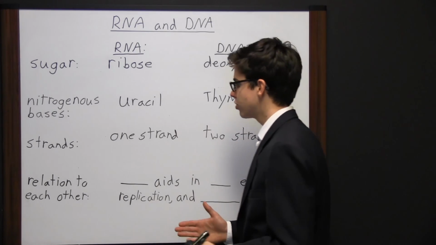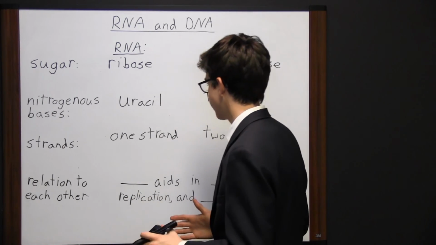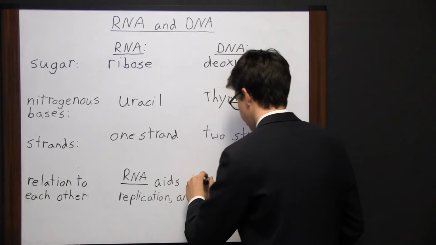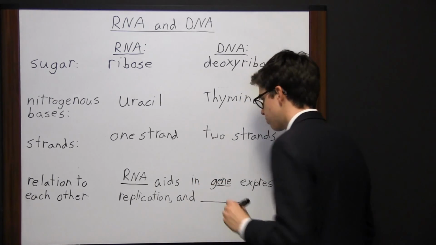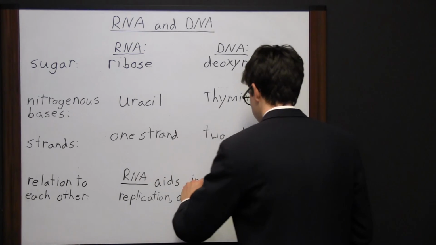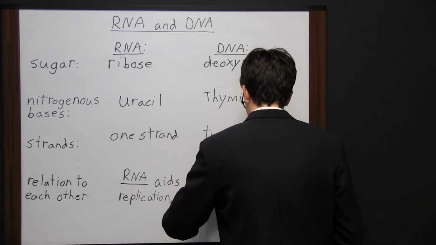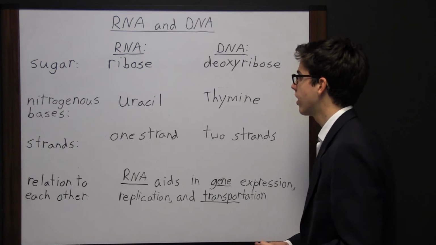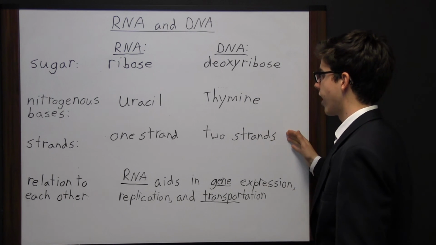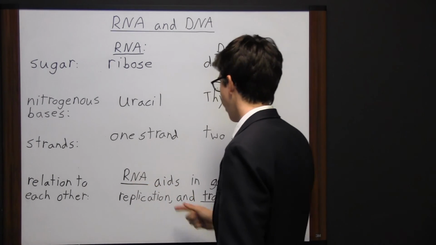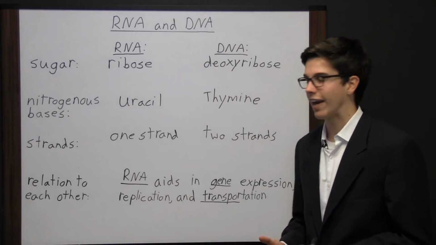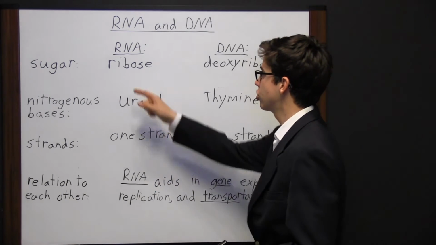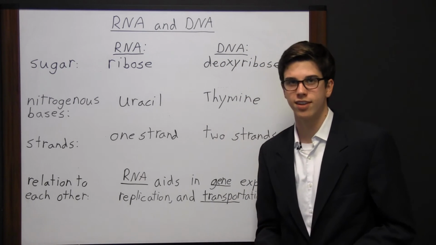And then finally, when it comes to the relationship between RNA and DNA, RNA aids in gene expression, replication, and transportation. So in spite of the 3 differences I just pointed out to you, they still have this relationship where RNA helps support the functions carried out by DNA. And out of these 3 differences, it could be said that the difference in sugar between RNA and DNA is their greatest difference.